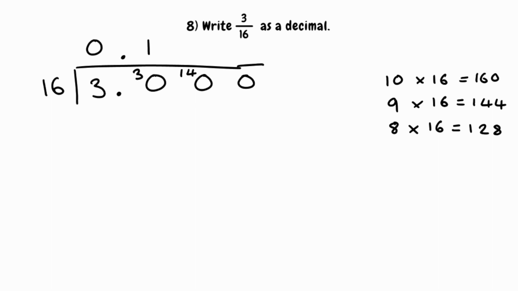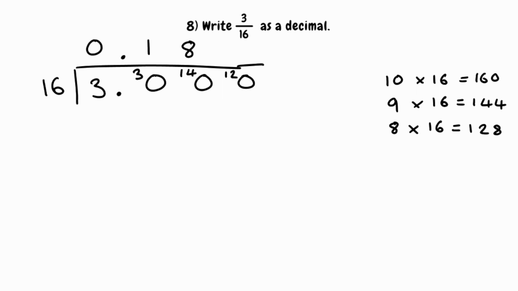So when we look back at the question again now, how many times does 16 fit into 140? Well, we can say it fits in 8 times, because we know that 8 multiplied by 16 is 128. That's going to leave us with a remainder of 12. So I'm going to carry that 12 over to the next digit. So now we want to see how many times does 16 fit into 120? Well, looking back at our list, the smallest number we have is 128.